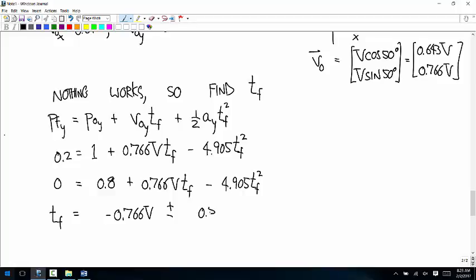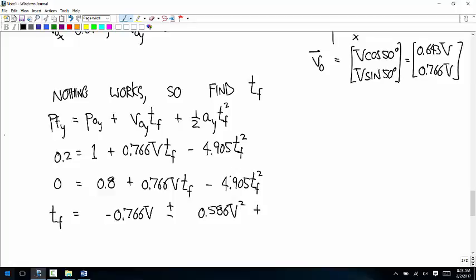Okay, so 0.586 V squared minus 4 times 4.905 times 0.8. So that is 0.8 times 19.62.